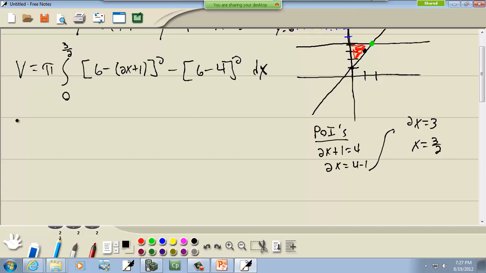Okay, let's find this one. So I got 6 minus 2x. My eyes got off. Okay, there we go. That negative is going to flip the sign of everything, so it becomes negative 2x minus 1, squared, minus 6 minus 4, which is 2, so 2 squared, dx.